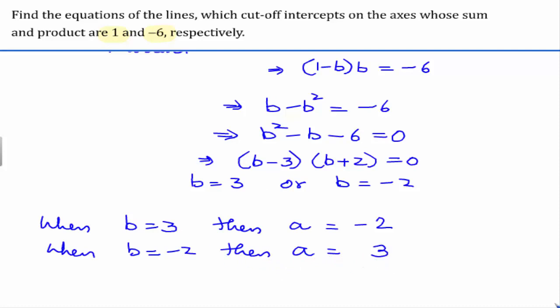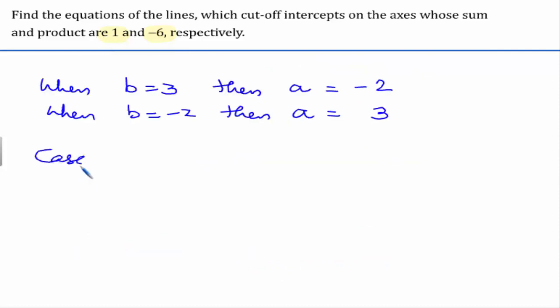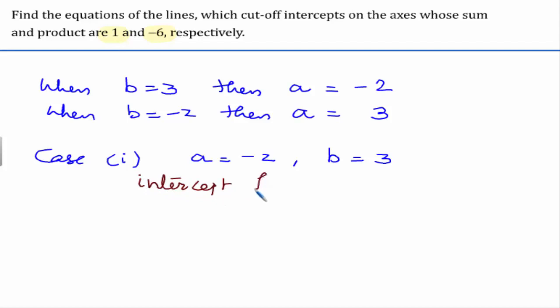Now we get two cases here. Case 1, where a is equal to -2 and b is equal to 3. Now the intercept form of a line is x by a plus y by b is equal to 1. Let us substitute the values of a and b into this.